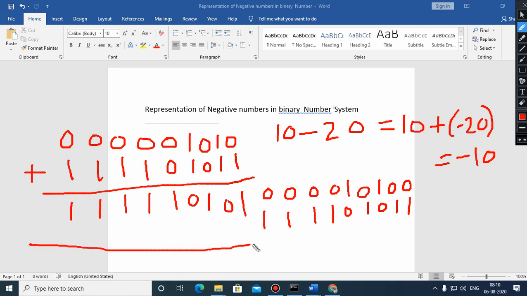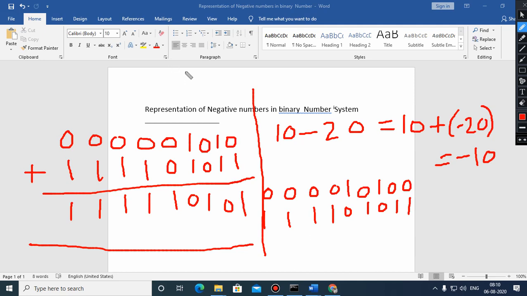So children, here you can see there is no overflow bit. And as I told you earlier, the answer is minus 10. So I would like to represent minus 10 in one's complement.